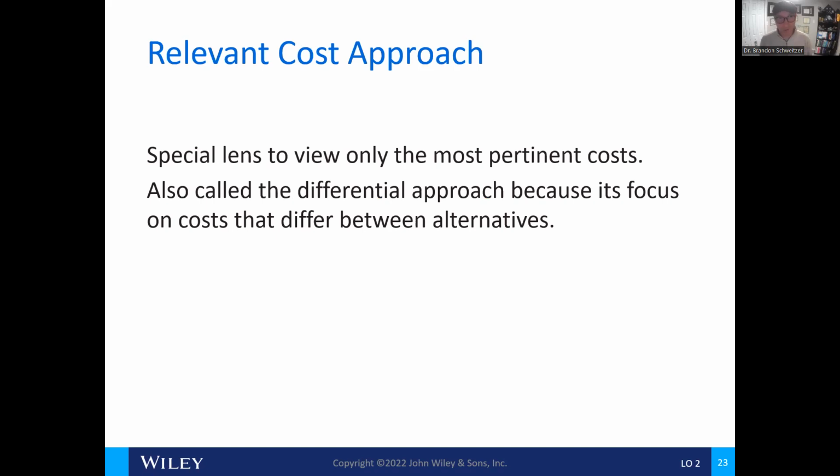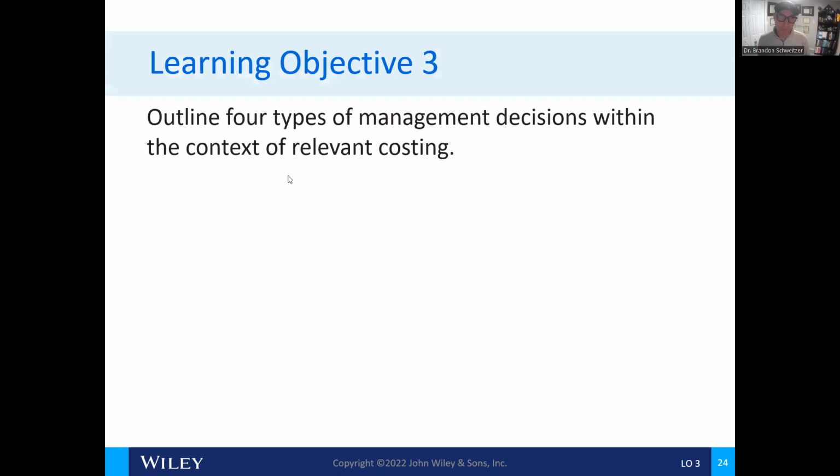We also call it the differential approach because it's important to focus on costs that differ between two different alternatives. So now let's take a look at outlining 4 types of management decisions with respect to relevant costs.